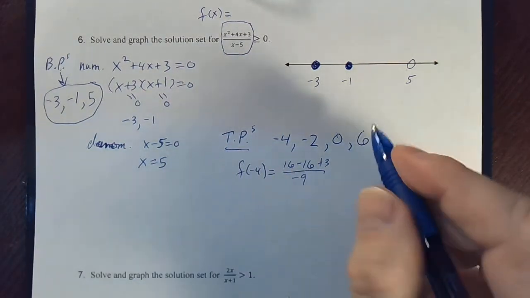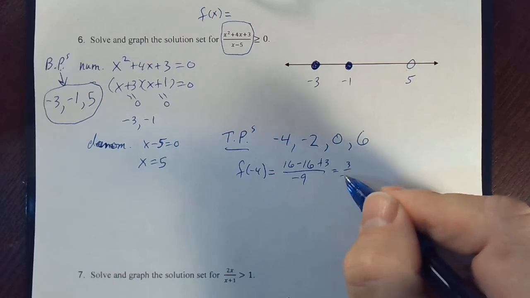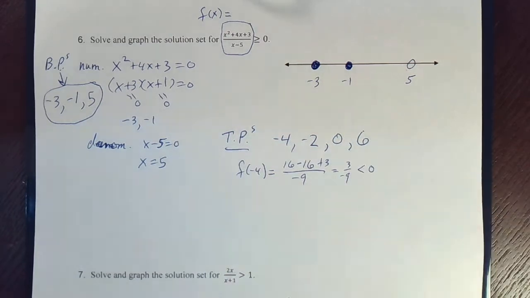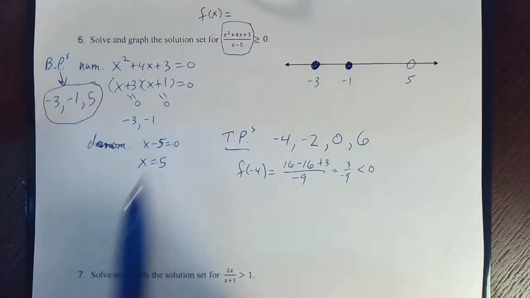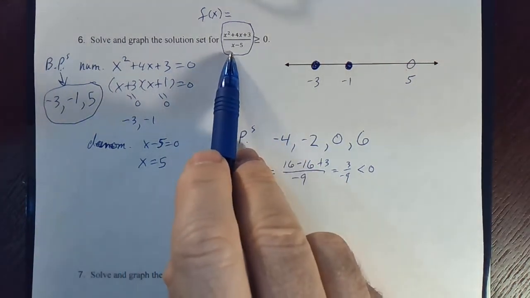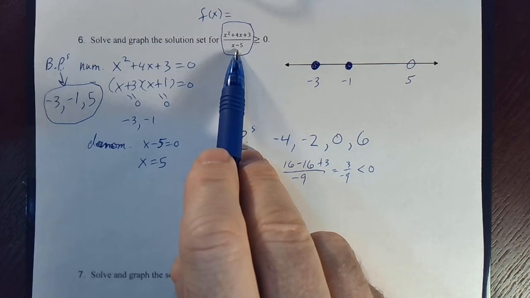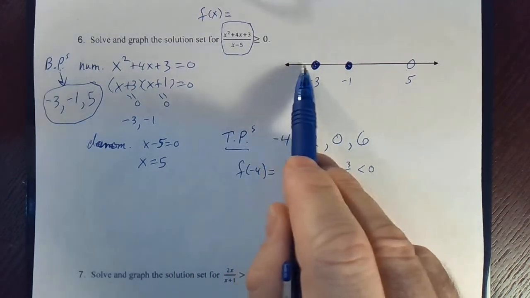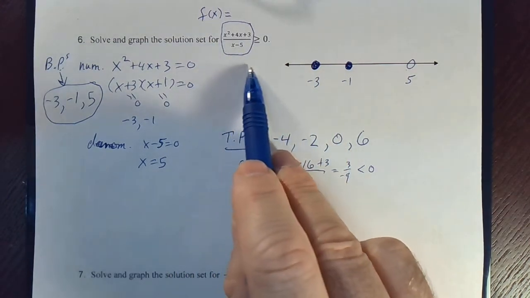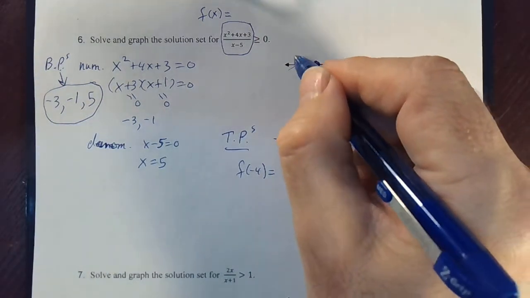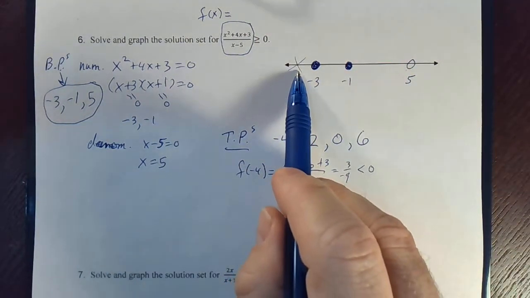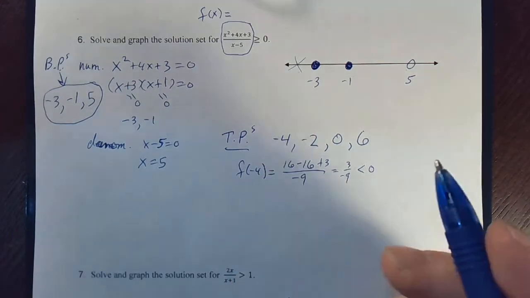So we get a positive number over -9. All we care about is that it's less than 0. If it's less than 0, this inequality won't be satisfied. If you plug in -4, you're going to get something less than 0, which means anything in this whole region from -infinity up to, but not including, -3, will fail. So I'm just going to put an X mark there saying I checked it, but I'm not shading it.